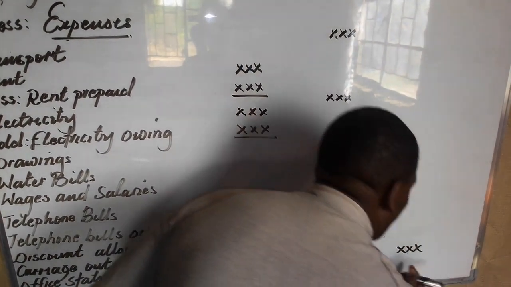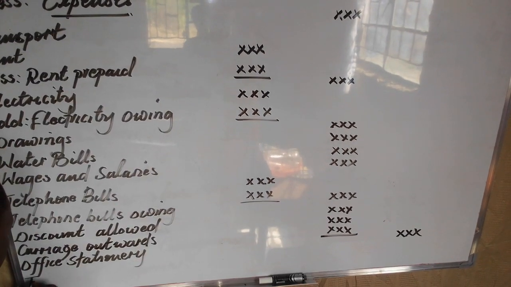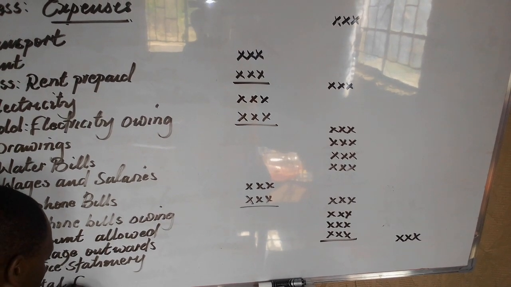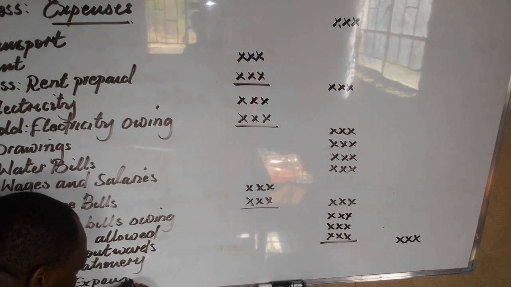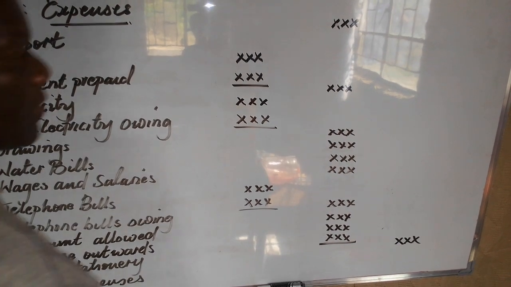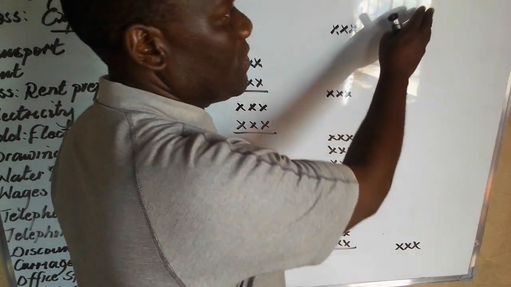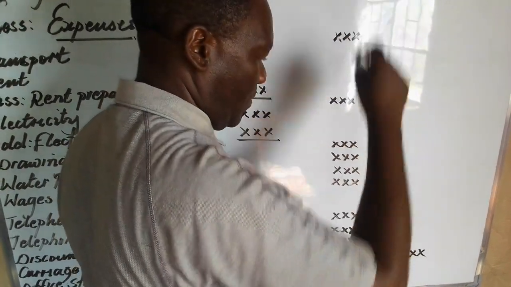So this total is called the total expenses. The total expenses must be subtracted from the gross profit here on top.